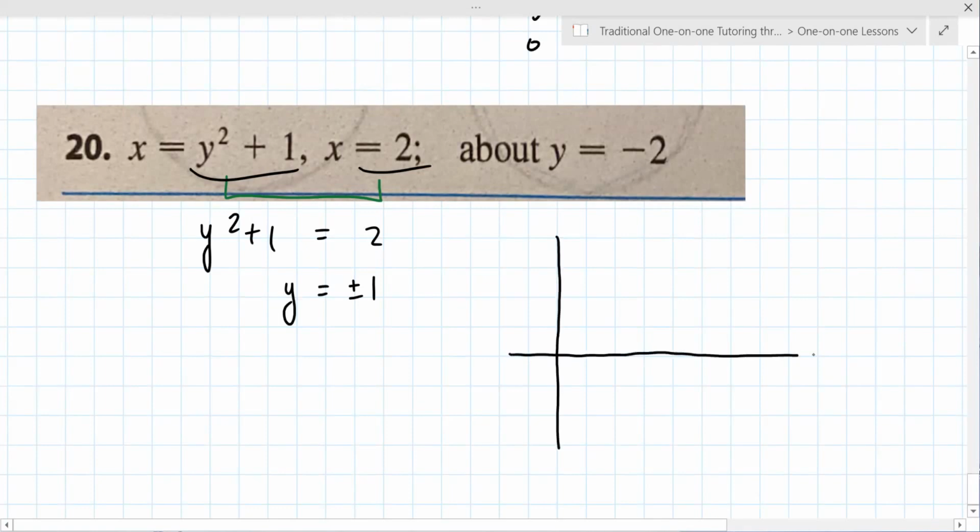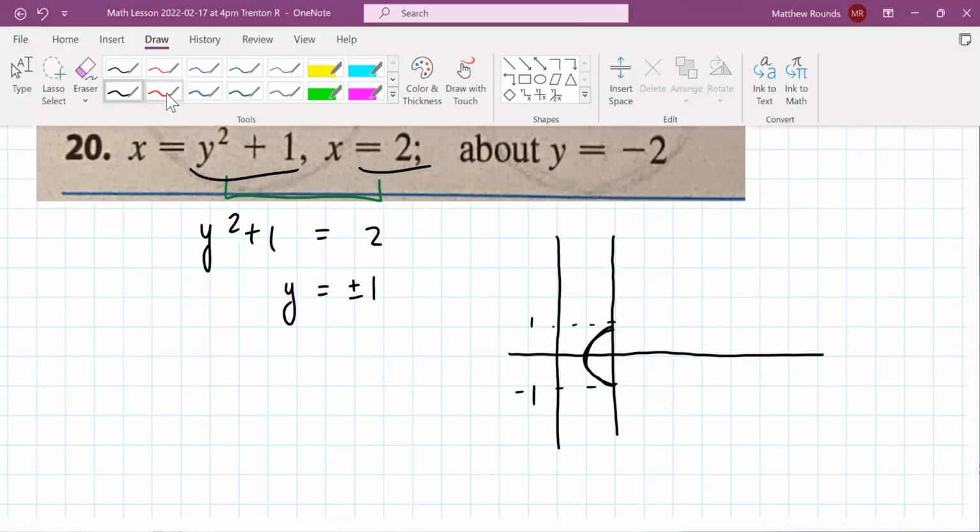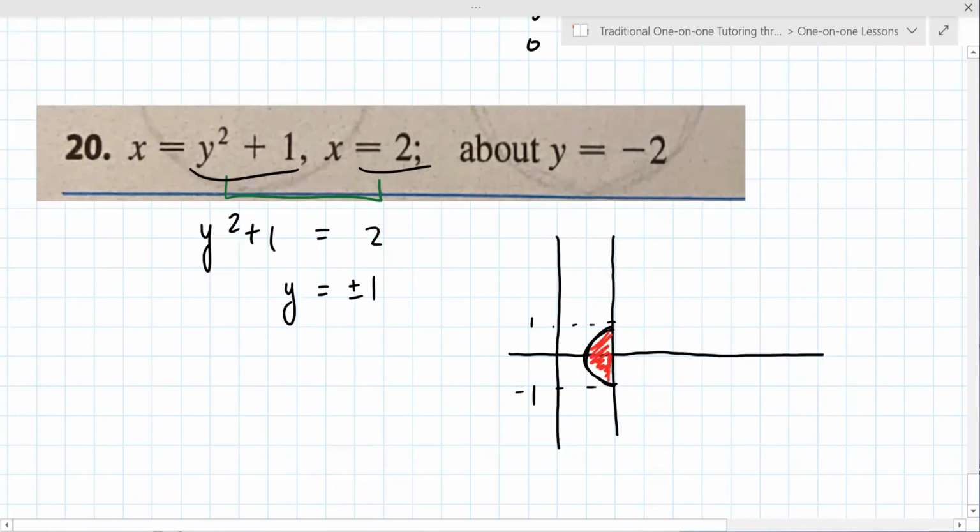So x equals 2 is this line right here, and y squared plus 1 looks like this parabola right here. That's how I knew it hit at 1 and minus 1, but it's this region in red. This step is not to be overlooked. You might want to spend a little time playing with Desmos or graphing it by hand on your calculator.